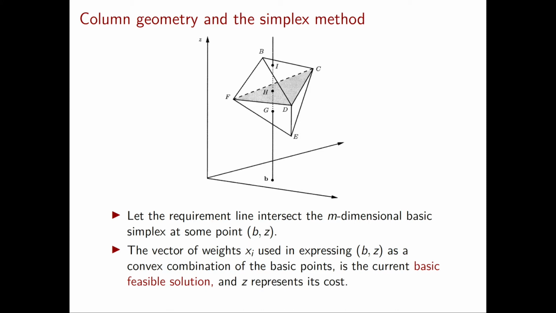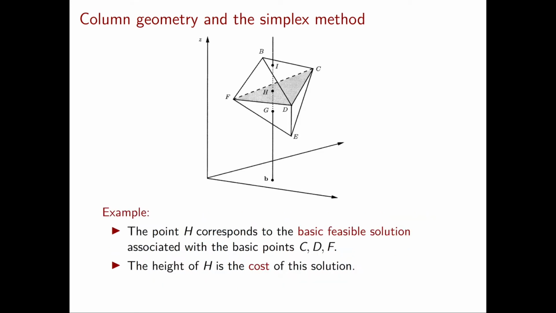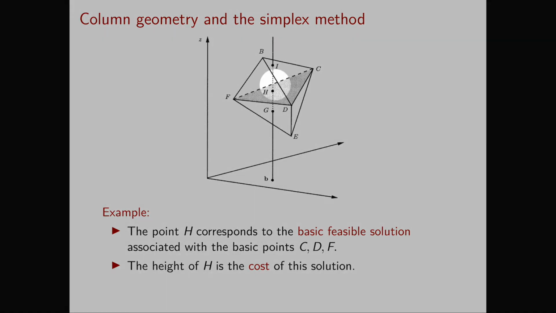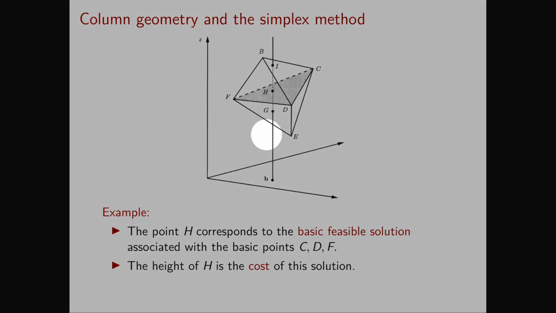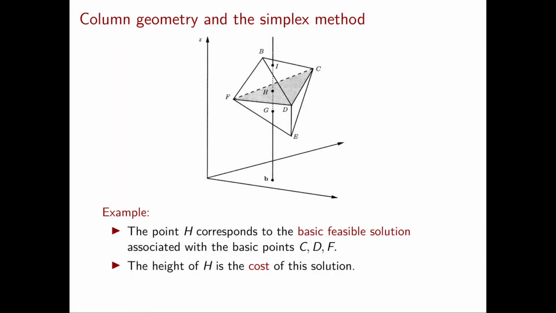The cost of such a basic feasible solution will be exactly z. In the picture here, we have that our basic simplex CDF intersects the requirement line in the vector H. So H corresponds to the basic feasible solution associated with these basic points. Now the height of H represents the cost of the solution.